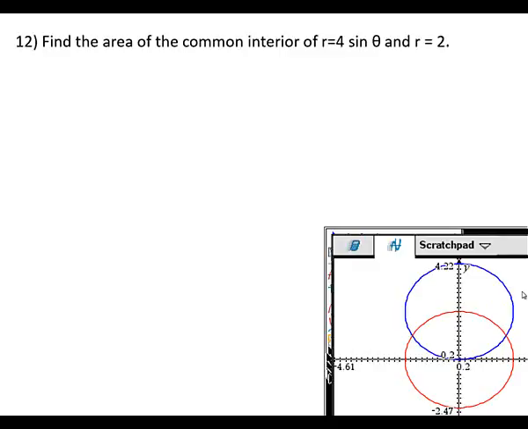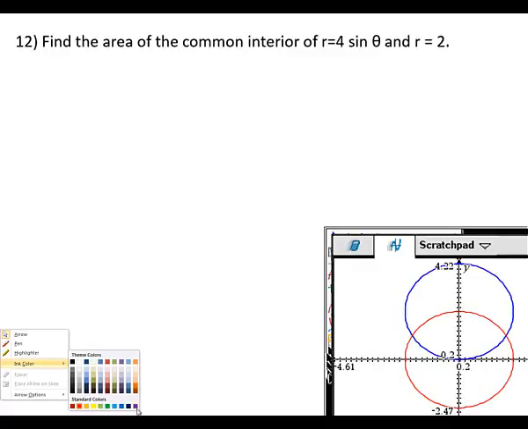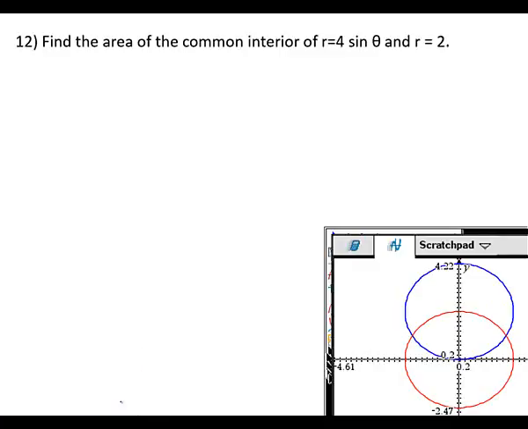Okay. So the first thing I need to figure out is where I'm integrating to and from. And it wants a common interior. Did everybody get it graphed? Am I going too fast? Okay, so it wants us to find the area that's inside here.